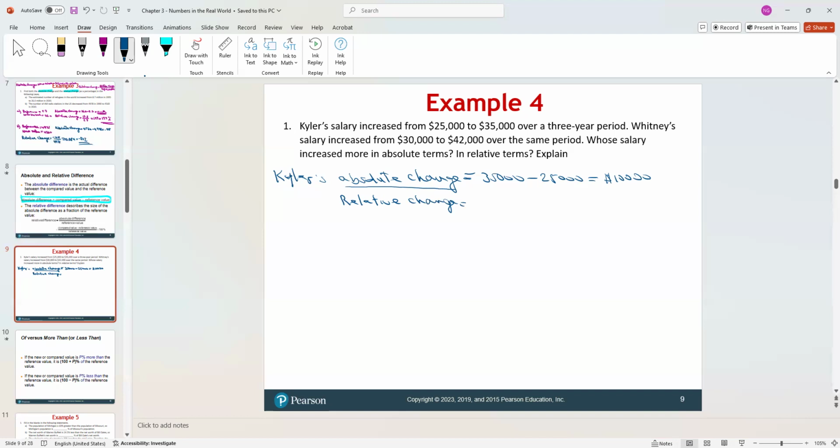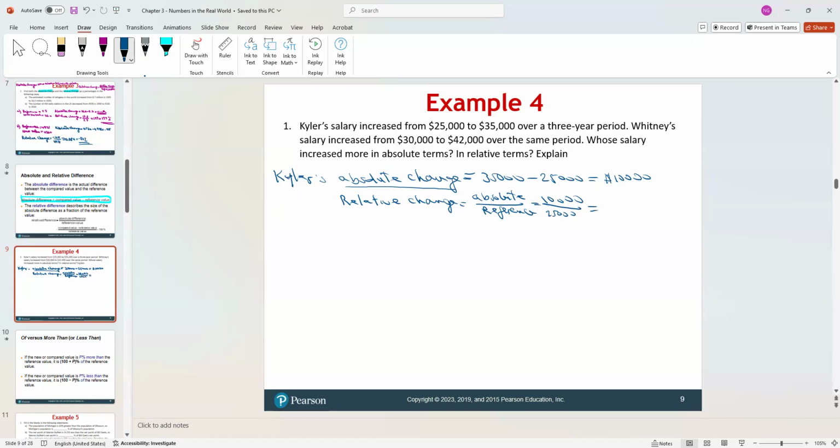That would be the absolute change over the reference value, meaning 10,000 over the starting value of 25,000.